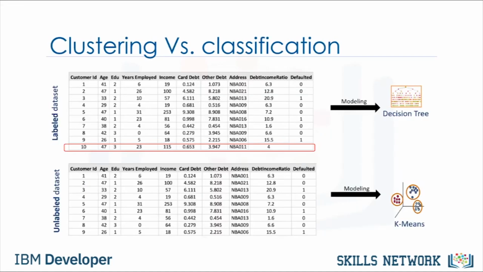Classification algorithms predict categorical class labels. This means assigning instances to predefined classes such as defaulted or non-defaulted.